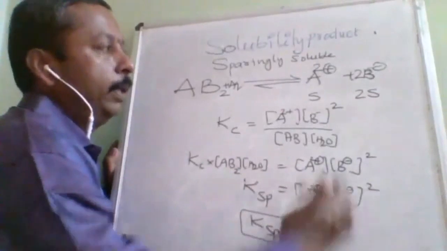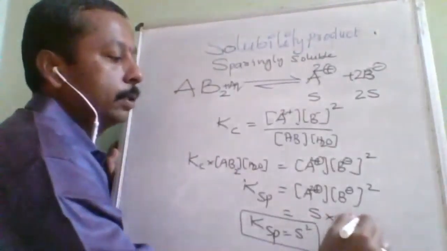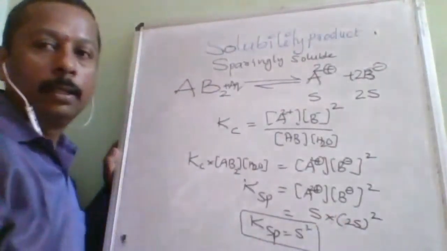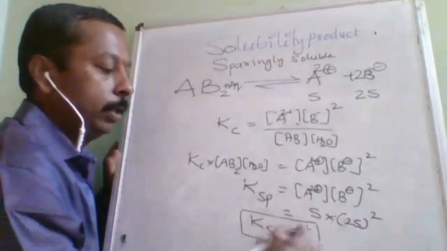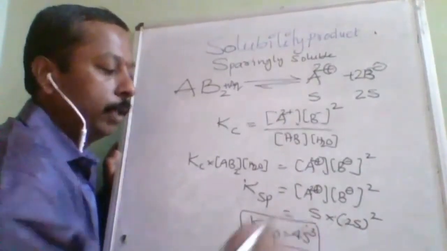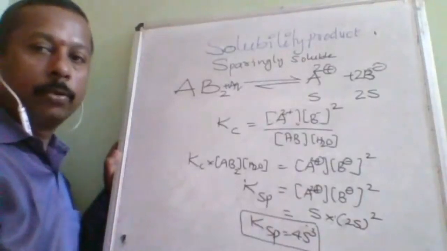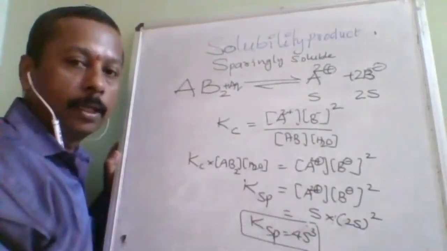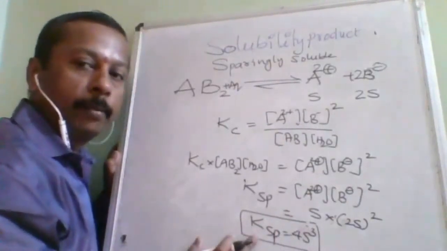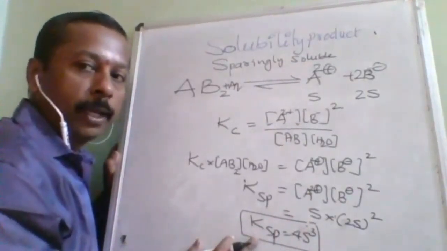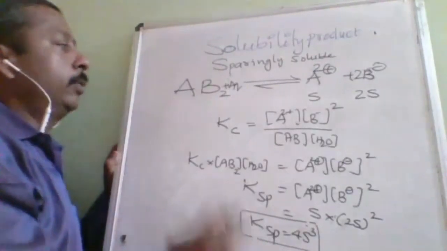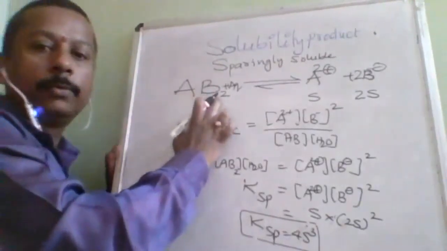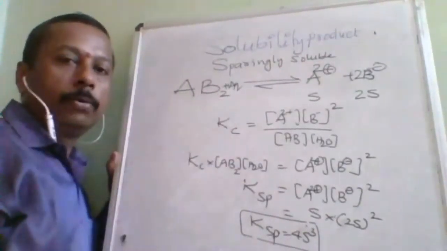In place of B negative, what should I write? 2S, and it is S times 2S squared. That means it is going to be 4S cube. Ksp is equal to 4S cube. This is the formula, understood? It is applicable for salts whose stoichiometry is AB2.